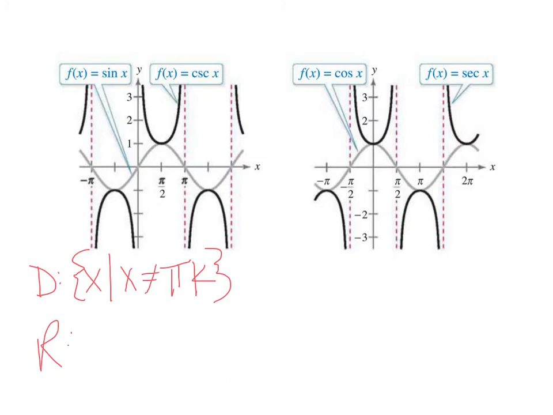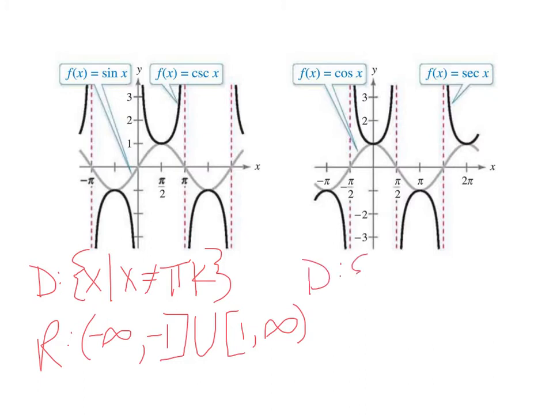So here is how I write that. I start from least to greatest. So negative infinity up to -1, including, and we union them, 1 to positive infinity. For secant, it's going to be very similar. Domain, all x such that x does not equal. This one starts on pi over 2 and repeats every pi k.